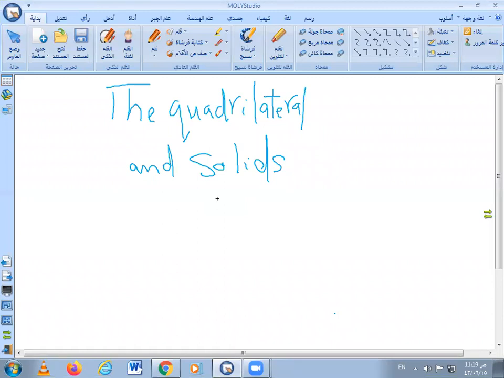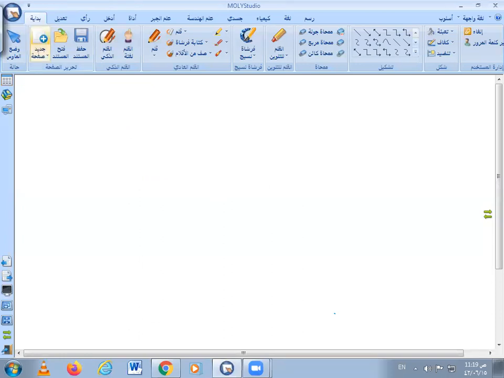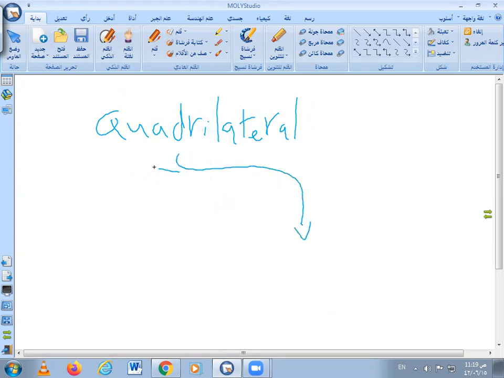First of all, at the first term, we talk about the quadrilateral, and we will explain it again. We have two parts in the quadrilateral. The first part is the trapezium, and for this shape we need only its definition.